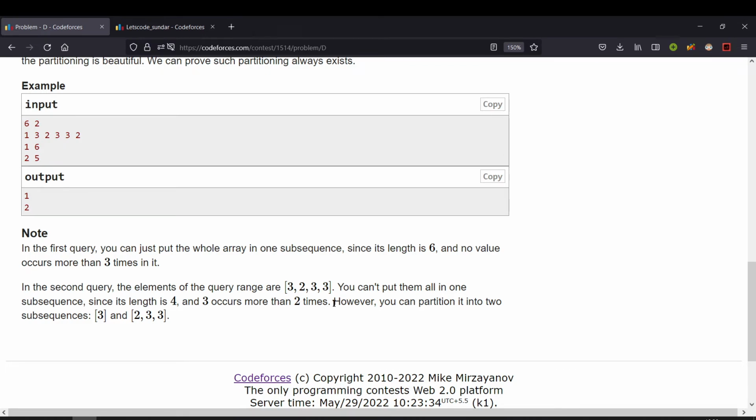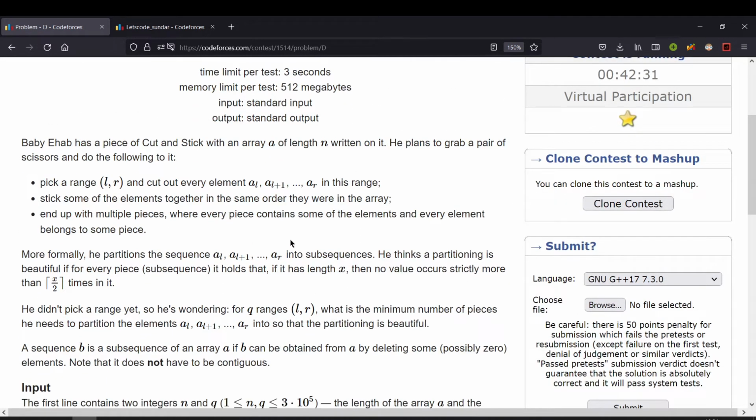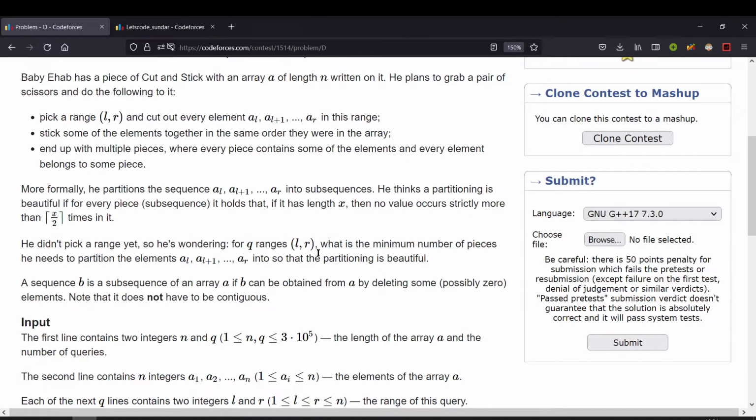However, you can partition it into 2 subsequences. Can we do more than 2 partitions? How many partitions should I do? Is there some upper bound for that?